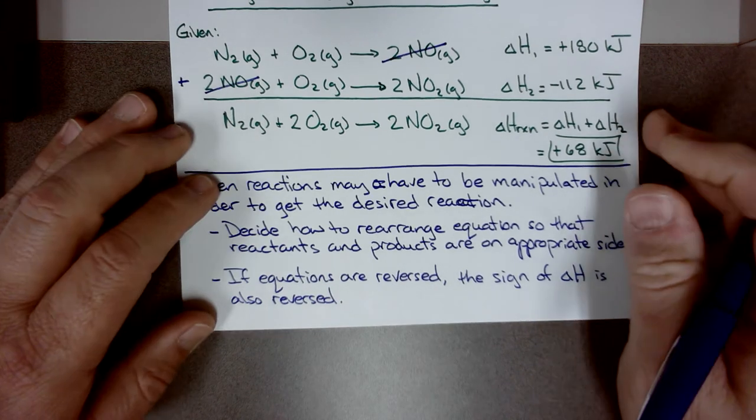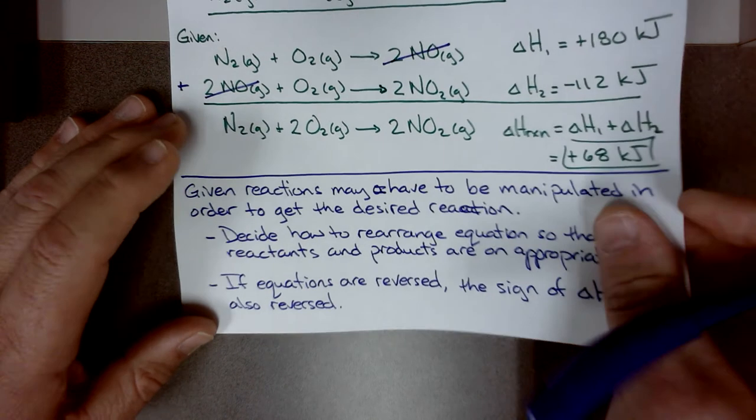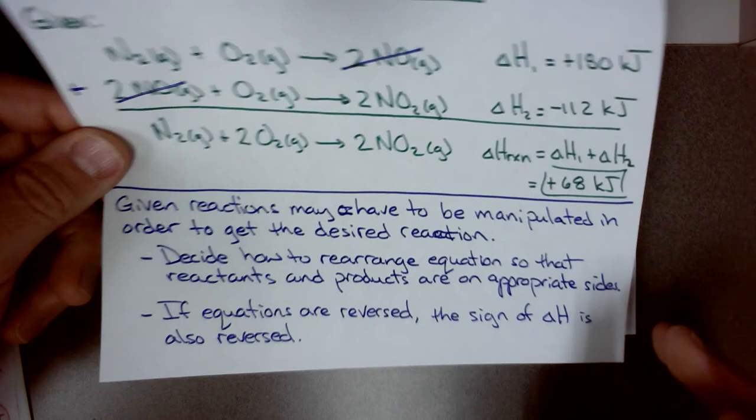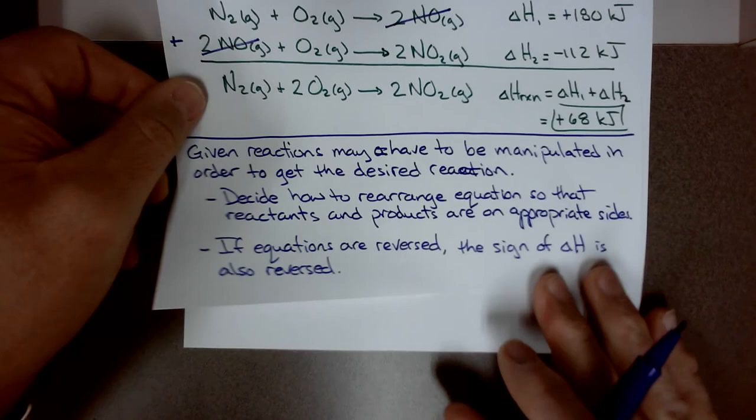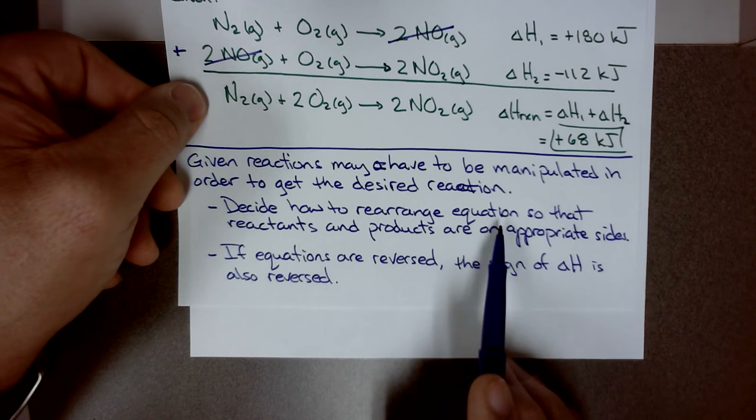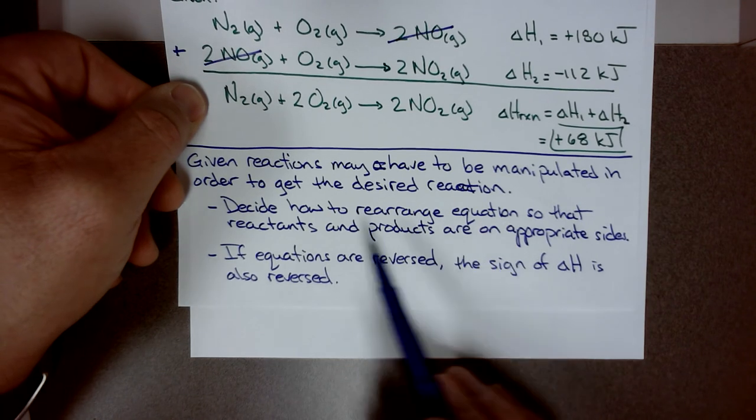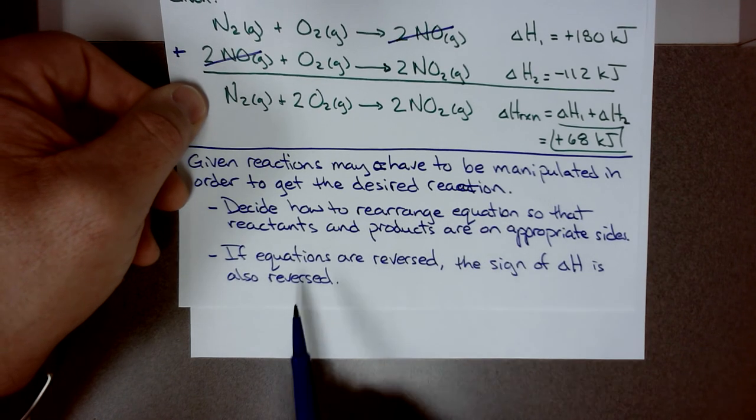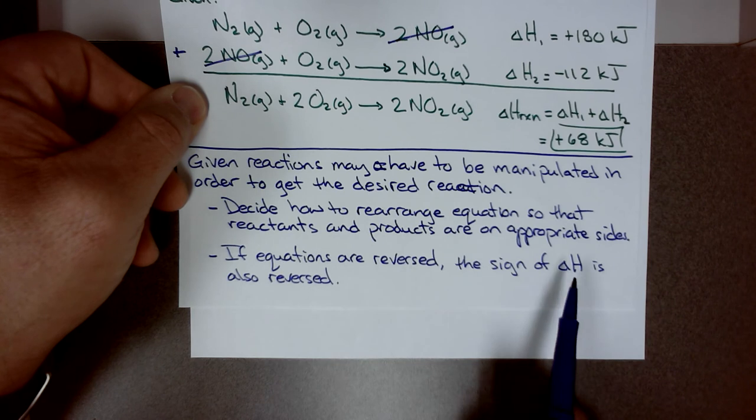Two more things we need to consider before we practice again. First we have to decide how to rearrange the equation so that the reactants and products are on the appropriate side. If you have to reverse the equation, a positive delta H becomes a negative delta H and vice versa.